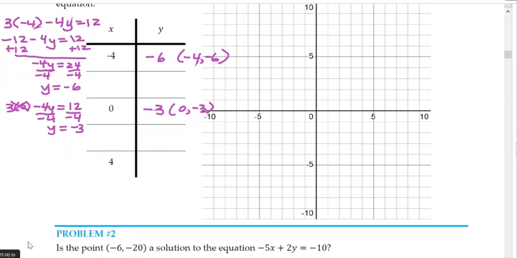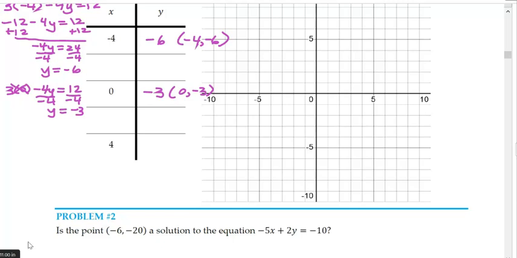All right, let's look at one last point here, and then we'll graph it on the grid. Let's put 4 in. So I'll have 3 times 4 minus 4y equals 12. So now I have 12 minus 4y equals 12.